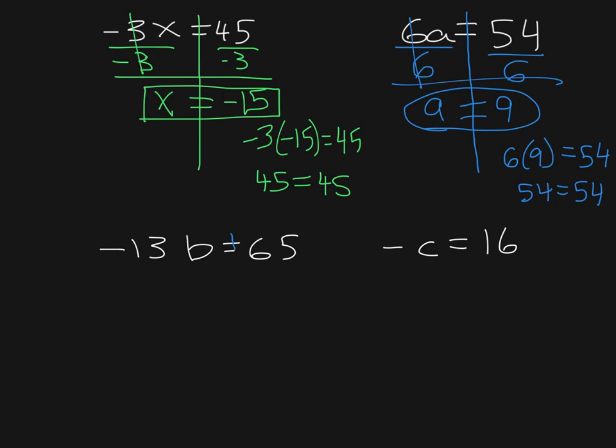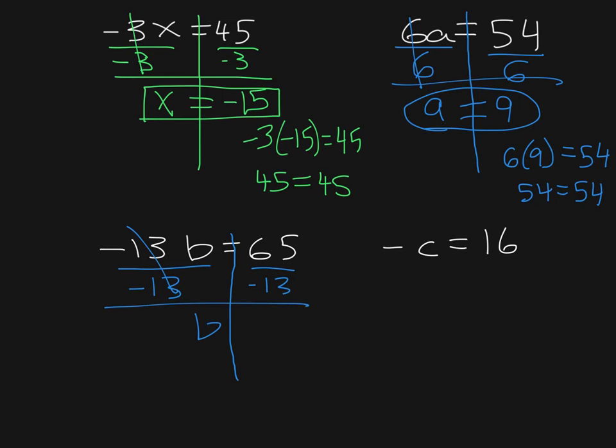These next two problems, we're going to solve the exact same way. We'll draw our line. -13 times b equals 65. We'll use the inverse operation, which is division, divided by -13, divided by -13. Negative 13 divided by negative 13 is 1.